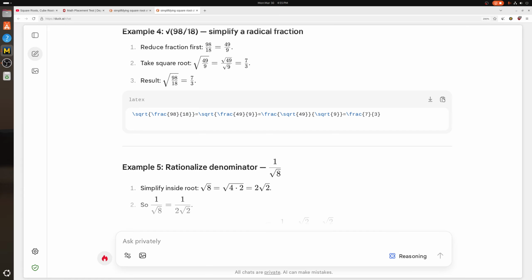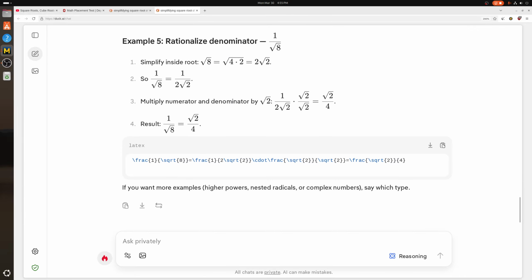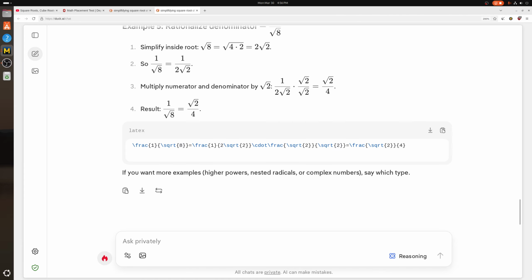You do. There's no way in hell it's, no. It's times root 2 over root 2. That would be 2 times. Wait, no, it's just root 2. Oh my god. I just feel stupid.